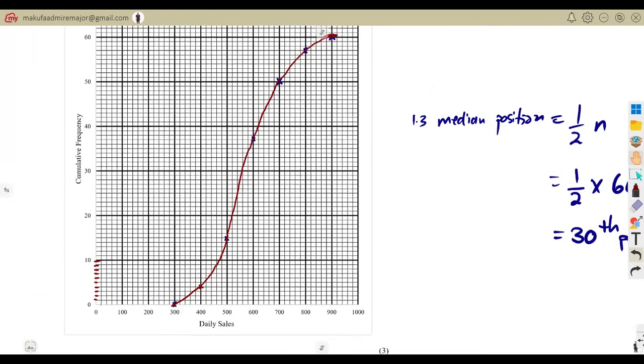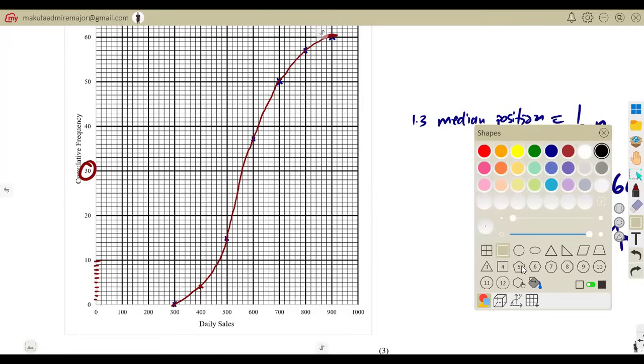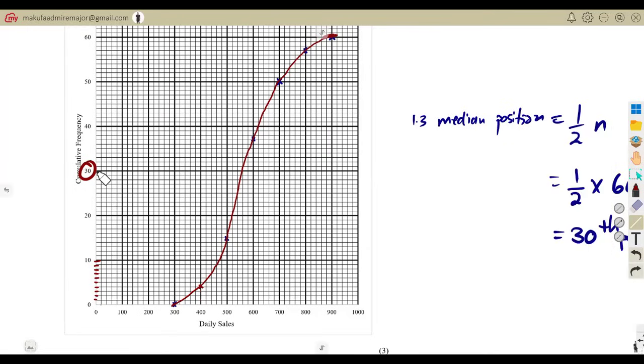So from the 30th value on your cumulative frequency, you're supposed to take this horizontal line straight to the curve. All right, so let me try and have something that we can use. So we take it straight from 30, a horizontal line to the graph.